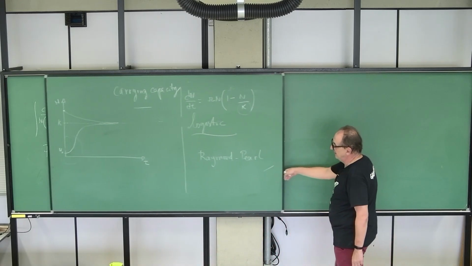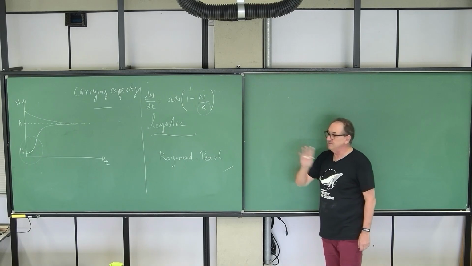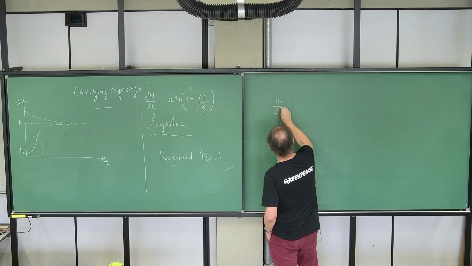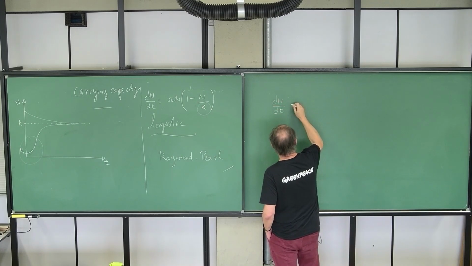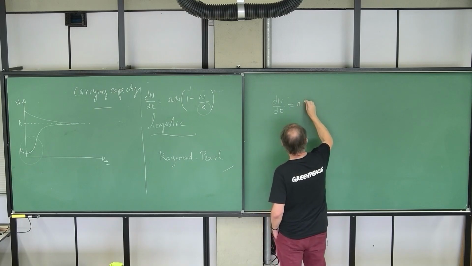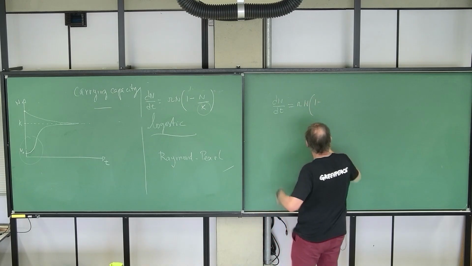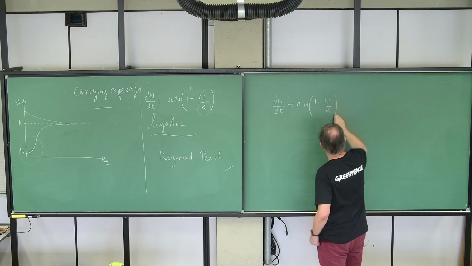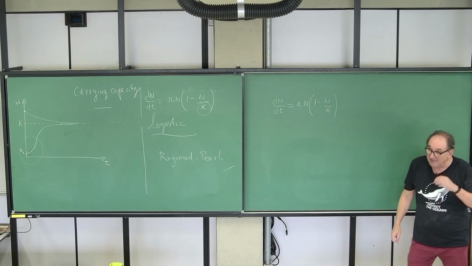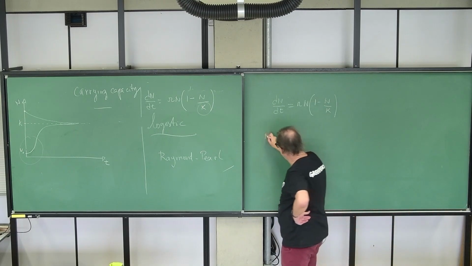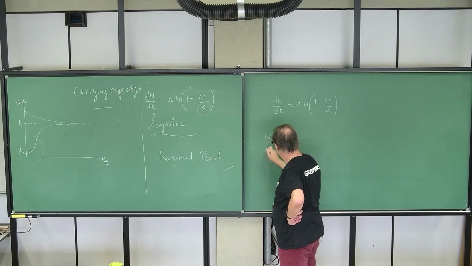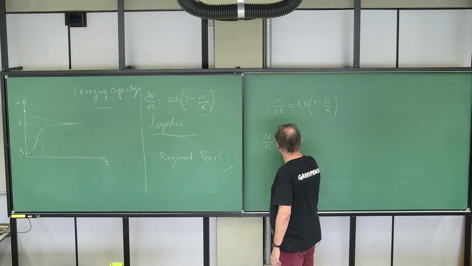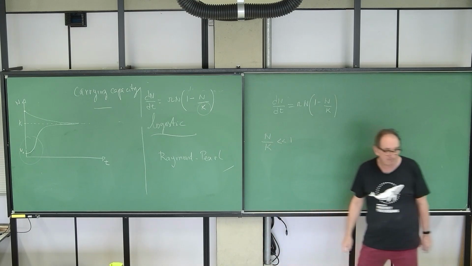So let us make approximations. Now suppose that the population size is, at least at a certain point in time, much smaller than the carrying capacity.